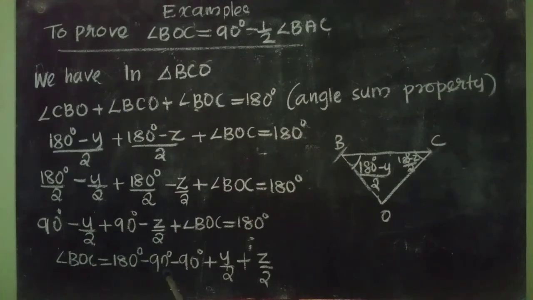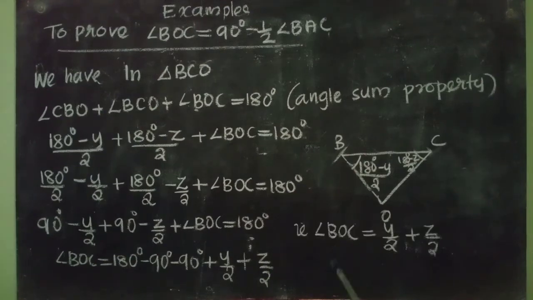This minus 90 degree and minus 90 degree together minus 180 degree. So all these values will be cancelled and there is remaining only y by 2 plus z by 2. So we can write angle BOC equal to y by 2 plus z by 2.